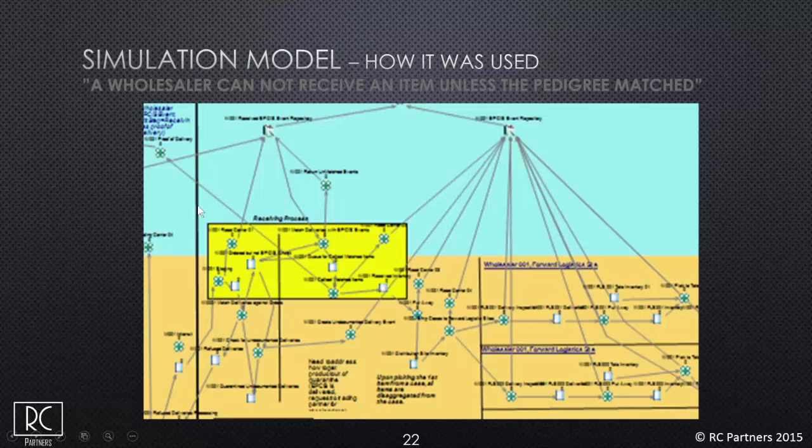what we call pre-receiving or accepting processes. There may be some QA or quality testing of the product, but the product remains in a controlled environment for the period of time it takes for the data to catch up with the product itself.